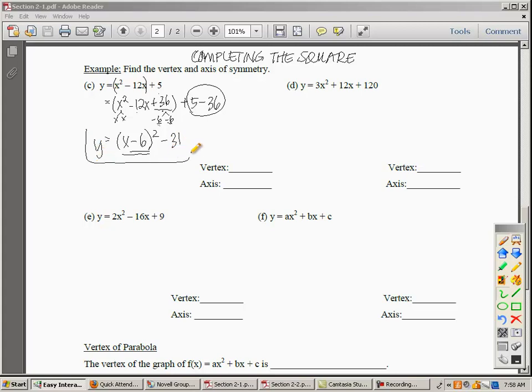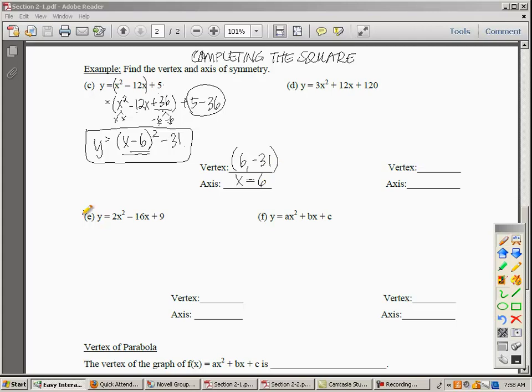This now is my equation for my quadratic in standard form. And if you took this original equation and plugged it in your y equals, and took the second equation and plugged it in your y equals, they should be the same exact graph. Okay? So looking at this, my vertex then is at 6, negative 31, which gets me an axis of symmetry at x equals 6.